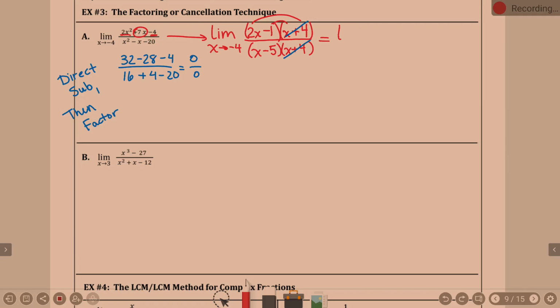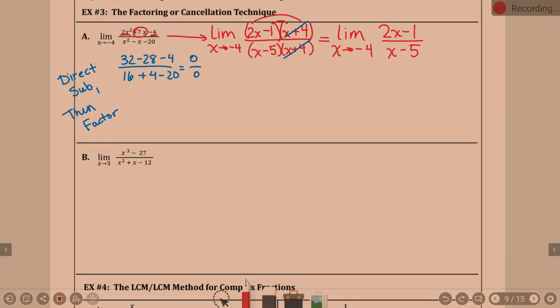So, I now have the limit as x approaches negative 4 of 2x minus 1 over x minus 5. Okay?